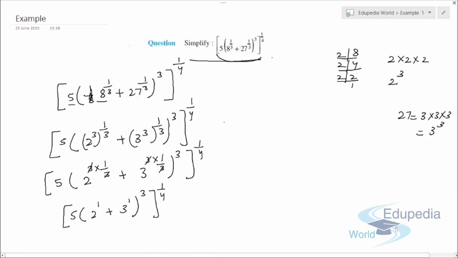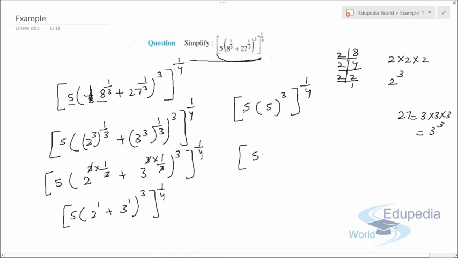Now this further can be simplified as bracket 5 into, now 2 raised to power 1 is 2 and 3 raised to power 1 is 3. So 2 plus 3 equals 5. So it will become 5 raised to power 3, bracket close raised to power 1 by 4. So now these two numbers are the same base and we have powers, so we can add the powers.